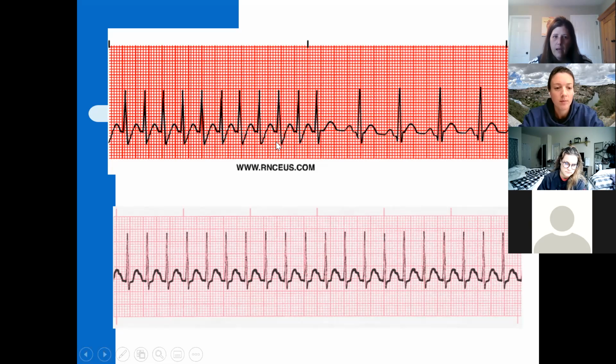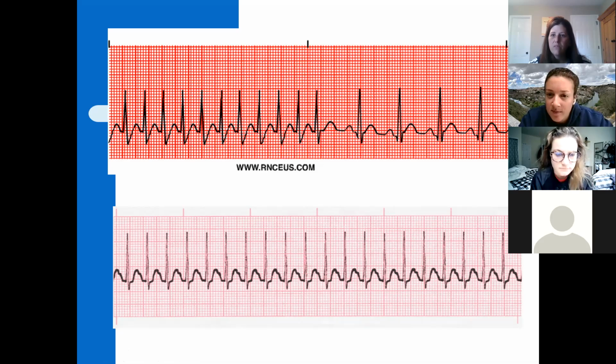Okay? In this example up here, QRS, I really don't see a P wave. Here's my T. Again, I don't see a P wave. A QRS, a T, I don't see a P wave. And how do I know that? Because I told you yesterday that you always have a T wave because the ventricles always have to depolarize.